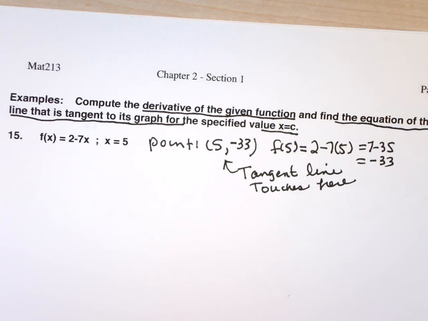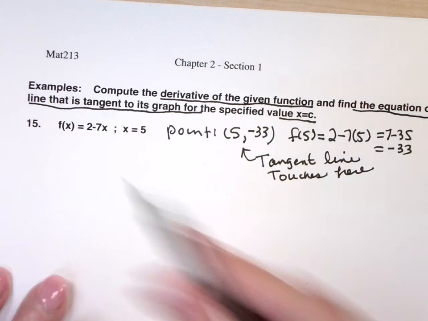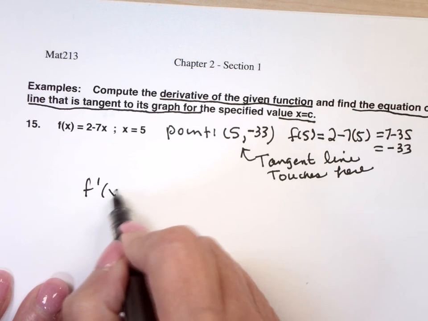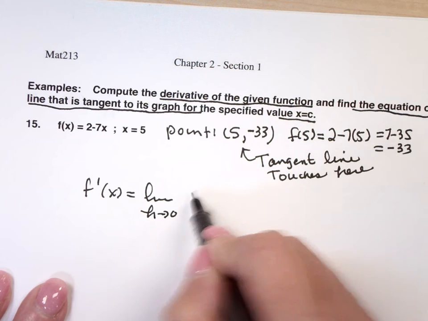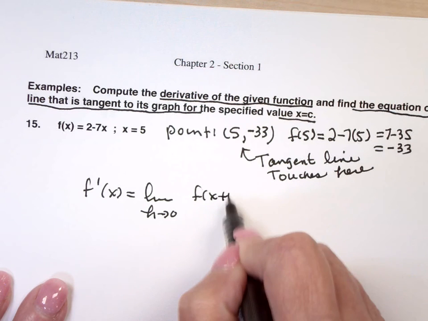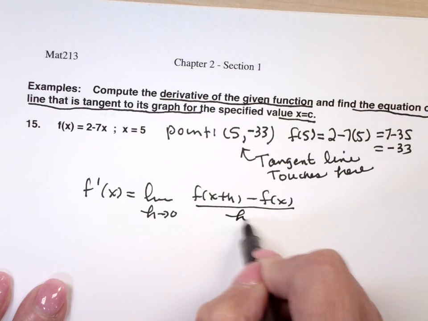So that would be the dot on my graph. Well, in order to do this, remember what f prime is. f prime of x equals the limit as h goes to 0 of f of x plus h minus f of x all over h.